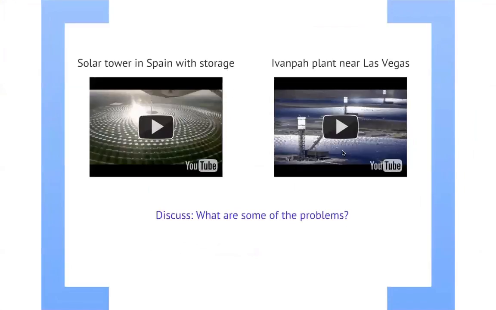So the last thing I wanted to show you are two examples of the solar towers, and I want you to look at these two examples and spend a minute or two discussing and brainstorming and telling me what you think are some of the problems. So when you see the videos, try to think about what are the most obvious or not so obvious problems for these systems.